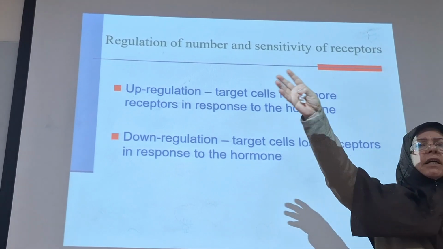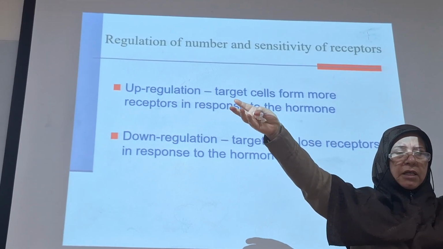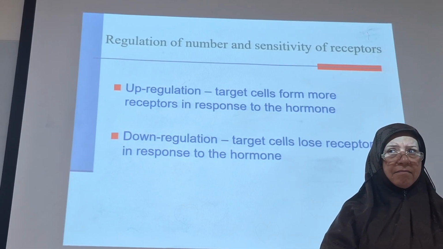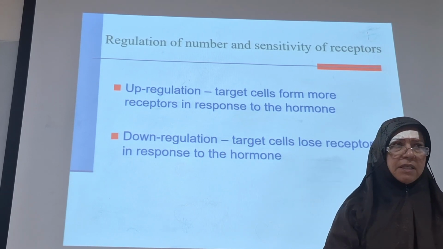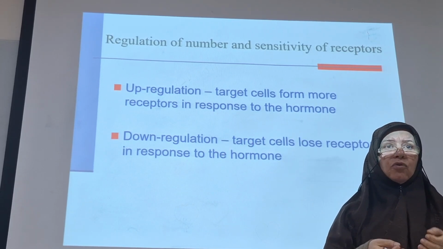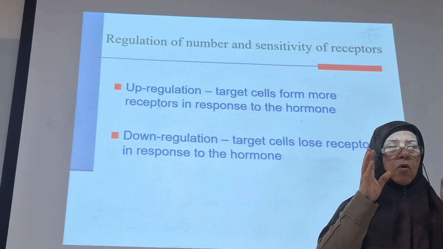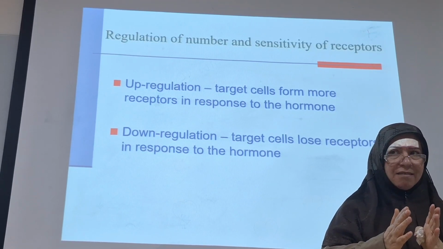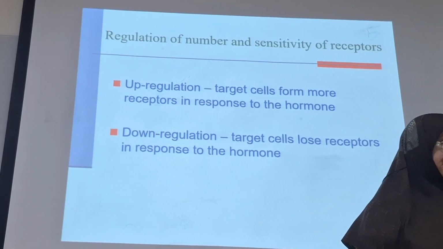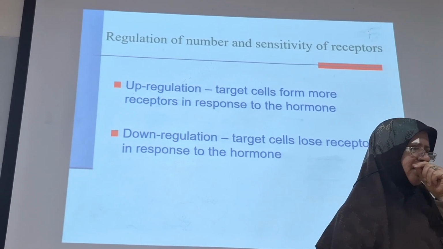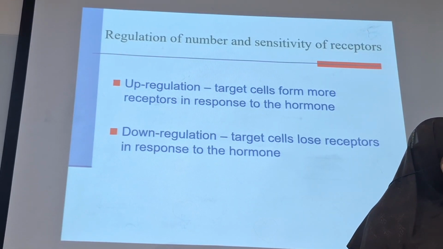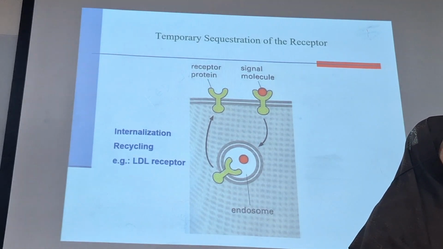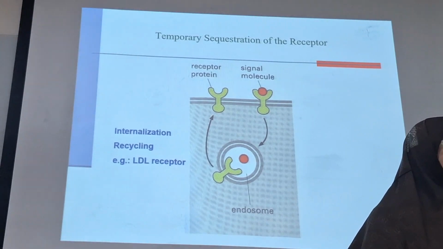When the hormone increases, the number of receptors decreases. Hormone increases, receptors decrease, trying to keep hormone effects at a normal level. So downregulation happens for some reasons.